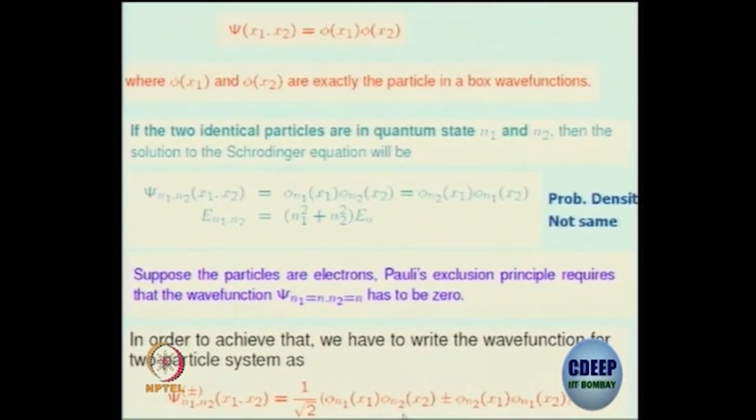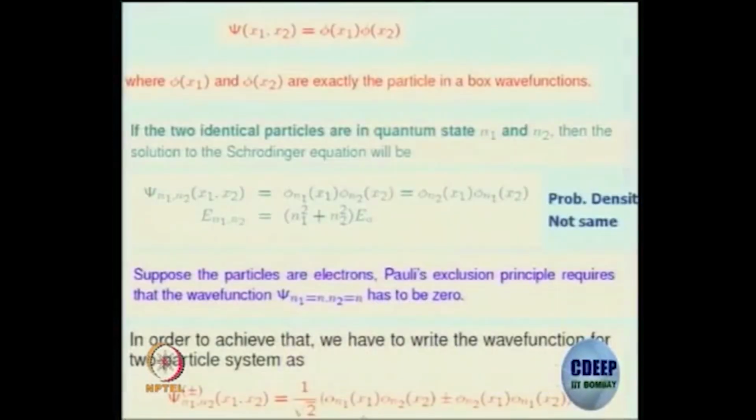And this will also take care of the probability density; the plus sign and minus sign are very important. So you can see that for a 2-particle system, even for non-interacting, the wave function should be either symmetric or antisymmetric. The plus sign can be interpreted as symmetric under exchange of particle 1 and particle 2. The minus sign means that if you exchange particle 1 and particle 2, you get a negative sign.